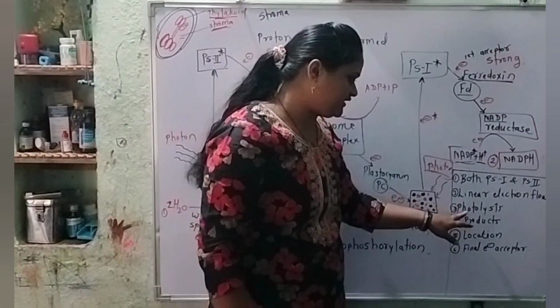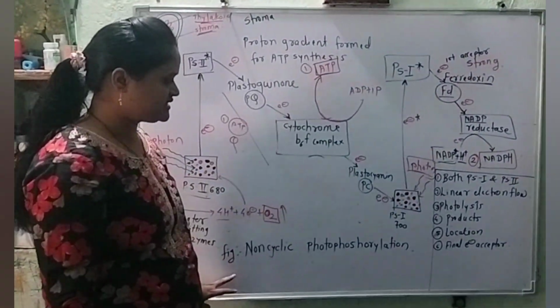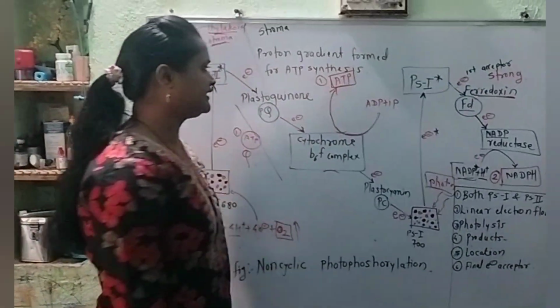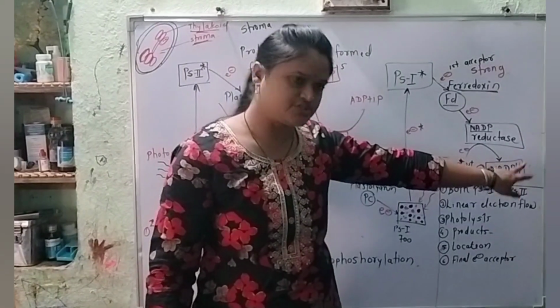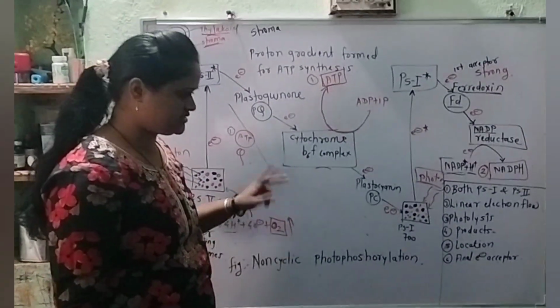Another most important event is the photolysis, which takes place here. Then we get these products: one ATP, one NADPH, and oxygen. All these products are released in this reaction.